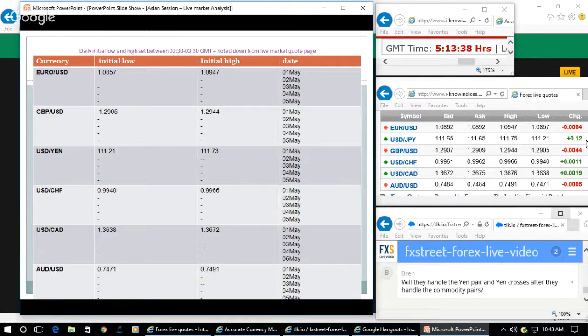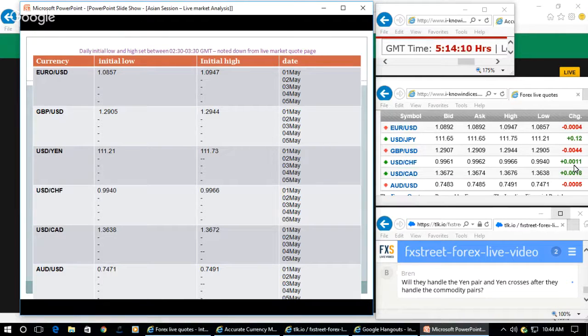Any currency which has made more net change will be the first one to drop, like GBP. Then followed by that is Australian dollar, and finally euro. Then as far as the denominator currencies are concerned, any currency which is making the less positive net change is expected to make the slide.